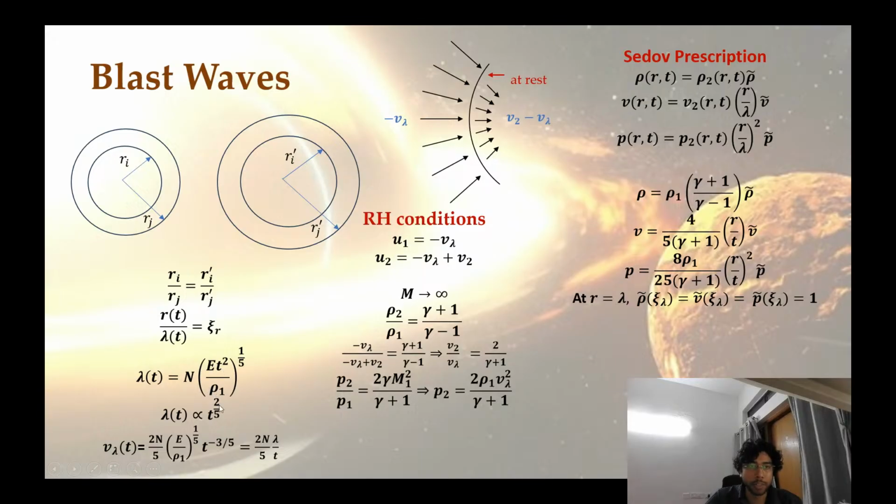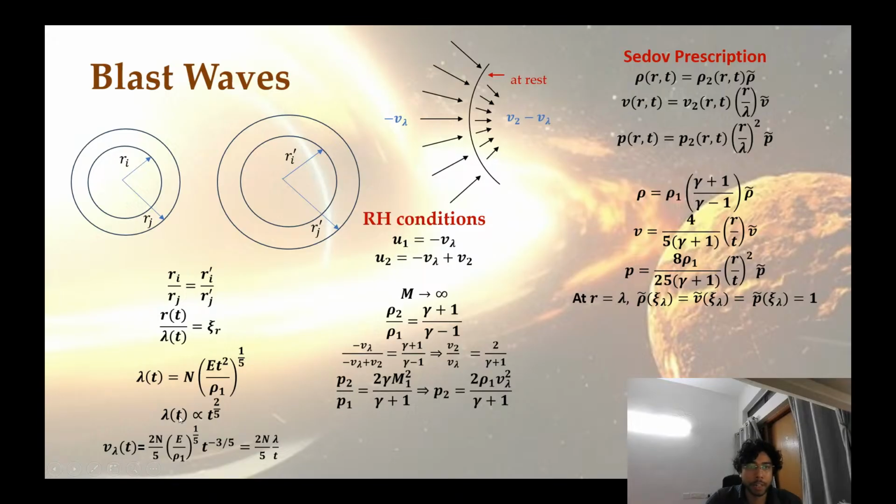So it has to be a relation of E t squared by rho, the whole to the power 1 by 5. This is a dimensional argument, so we don't know if there is some constant sitting over there, which I have denoted as n. But the main thing to see from here is that lambda depends on time as a power of t to the power of 2 by 5. So lambda is proportional to t to the power 2 by 5, right?